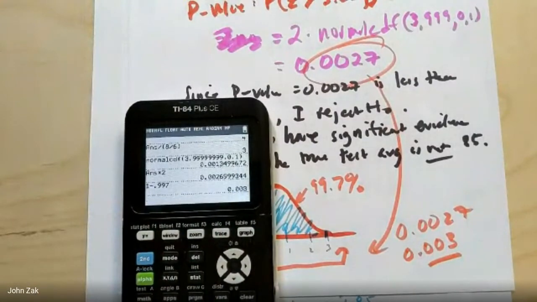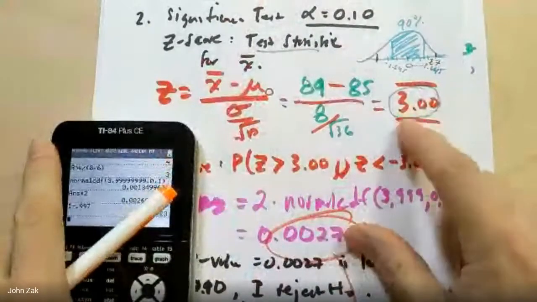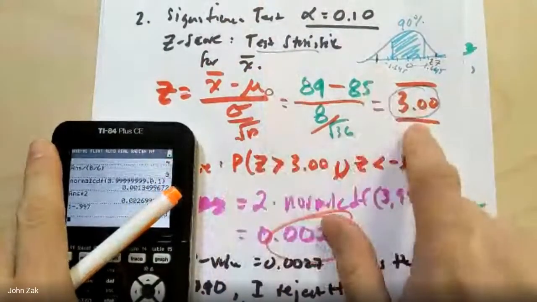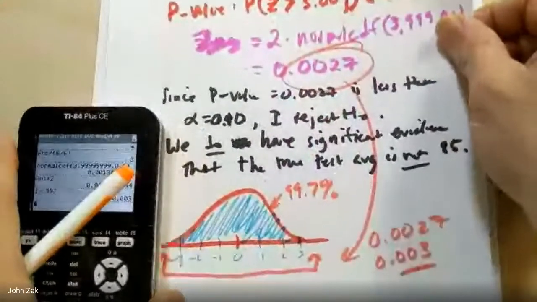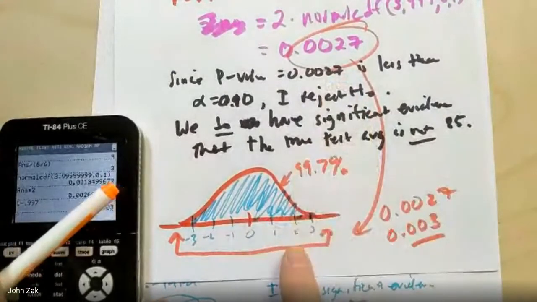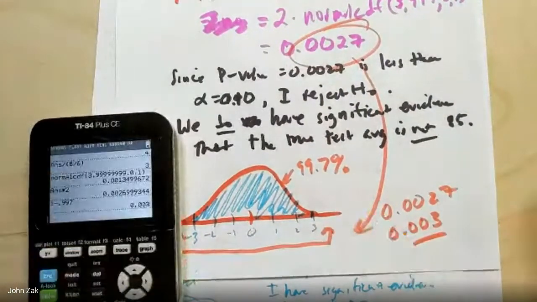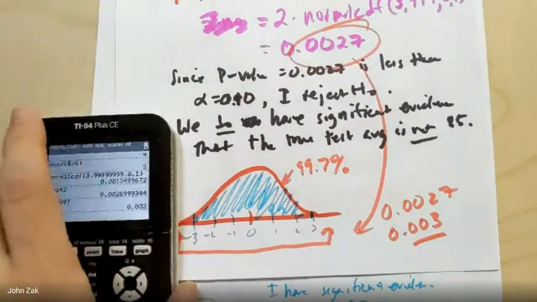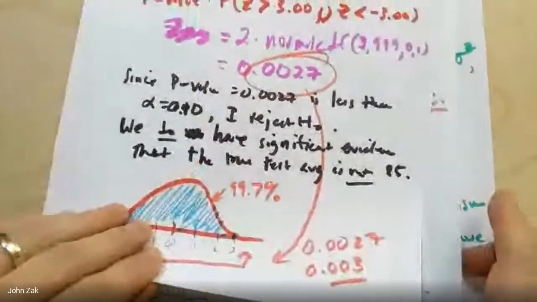One of the reasons it was so fun that the test statistic came out to being exactly 3 is that we didn't even need the calculator to get this p-value. We could have just thought about what it would have been based on things we learned back in chapter 2. But there you go. Now, let's take a step back conceptually, right? We had the same set of hypotheses.